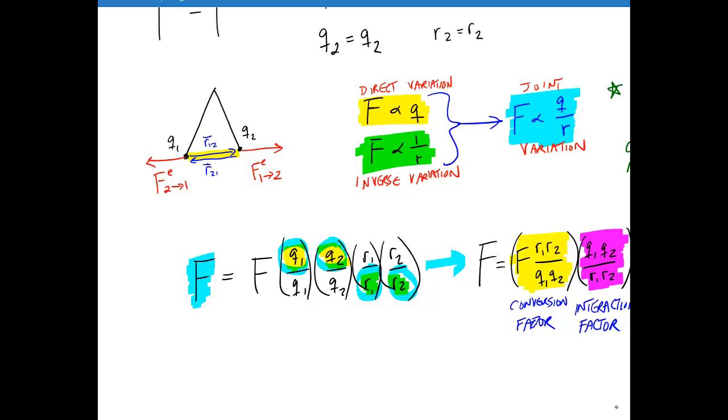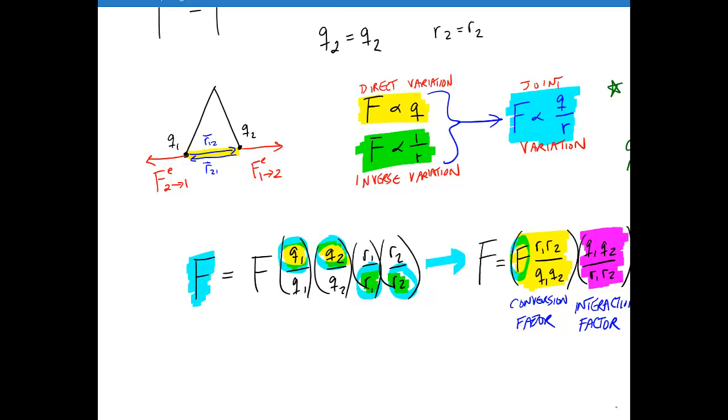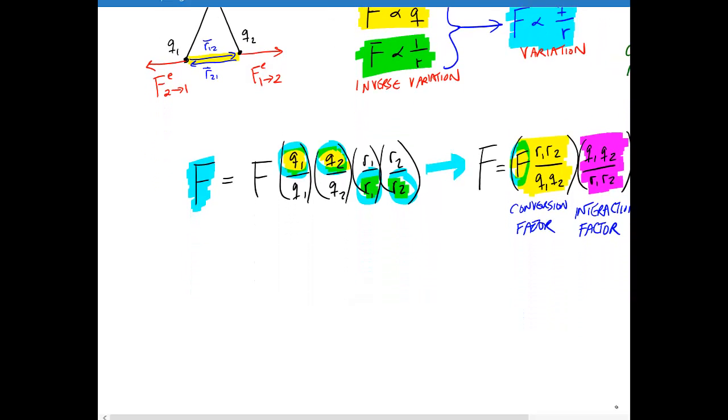Now realize that the dependent variable's bottled up in the conversion factor. That's always true. I don't care what the conversion factor is. That's always the case. So keep that in mind as you move forward and try to discombobulate other mathematical entities.